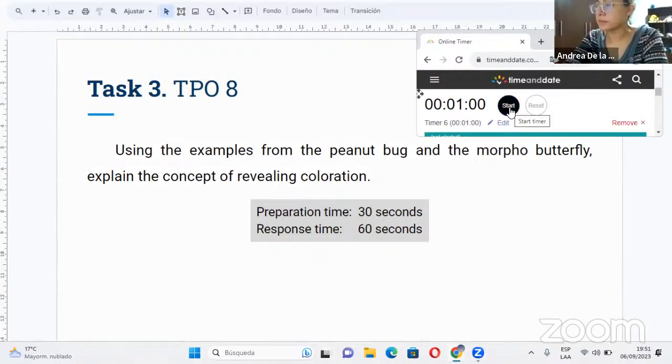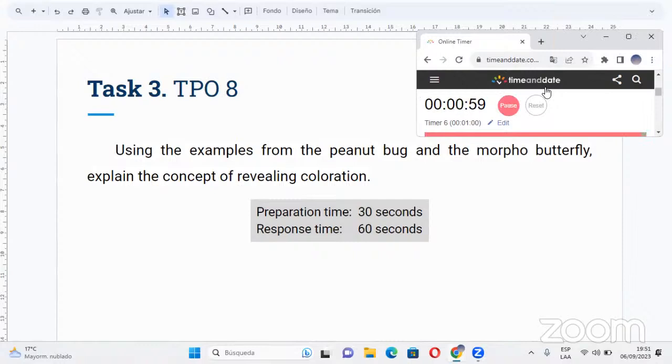Go ahead. Okay, according to the passage, revealing coloration is defined as a strategy to confuse the predator and can escape. In the lecture, the professor gives the example of the peanut bug and the morpho butterfly.